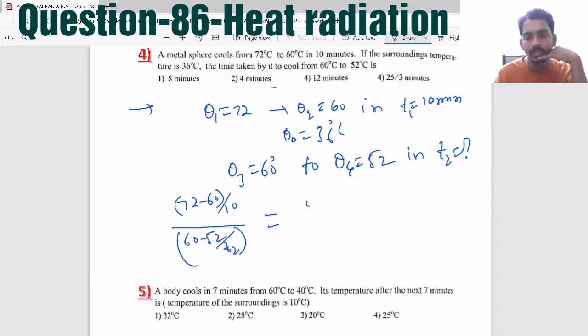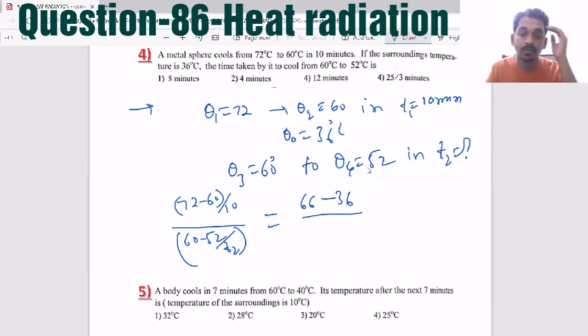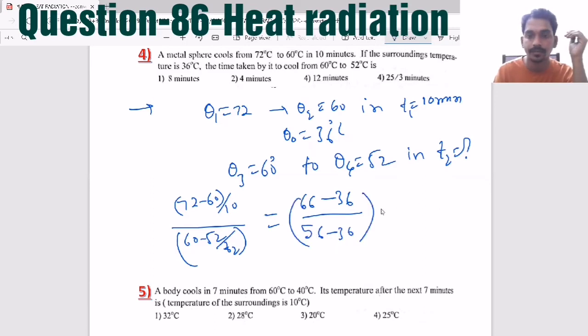equal to here (theta 1 plus theta 2) by 2, 72 plus 60, how much it will become, 66, minus 36. Theta 1 plus theta 2 by 2 minus theta naught, and now (60 plus 52) by 2, so 56, minus 36, equal to this is 30, this is 20, so 3 by 2.